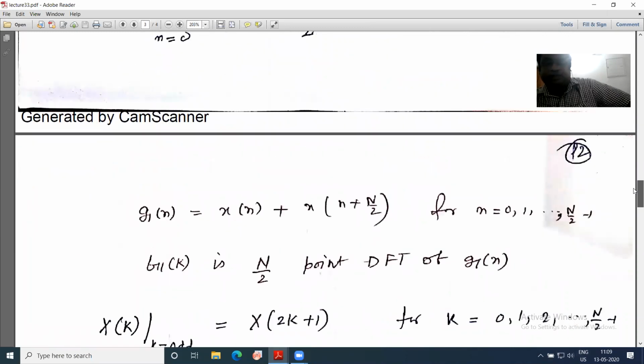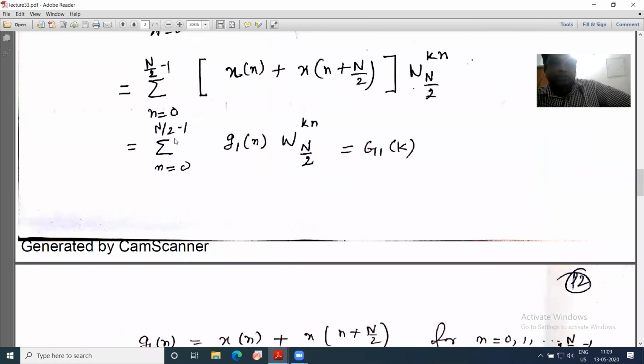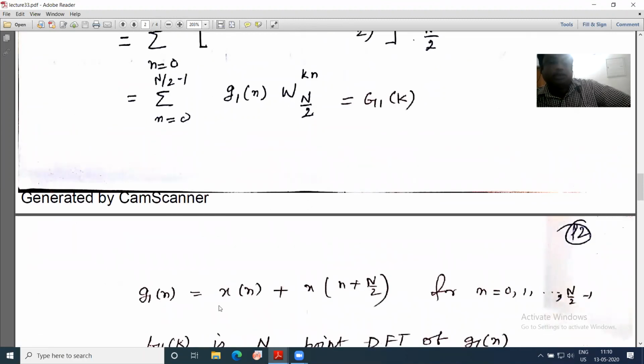Now moving ahead, we are writing g1 of n equal to x of n plus x of n plus N by 2 for n equal to 0, 1, up to N by 2 minus 1. This is very clear from the summation. The summation is only 0 to N by 2 minus 1, so g1 of n cannot have a value beyond that limit on either side. Basically, n will vary from 0 to N by 2 minus 1.